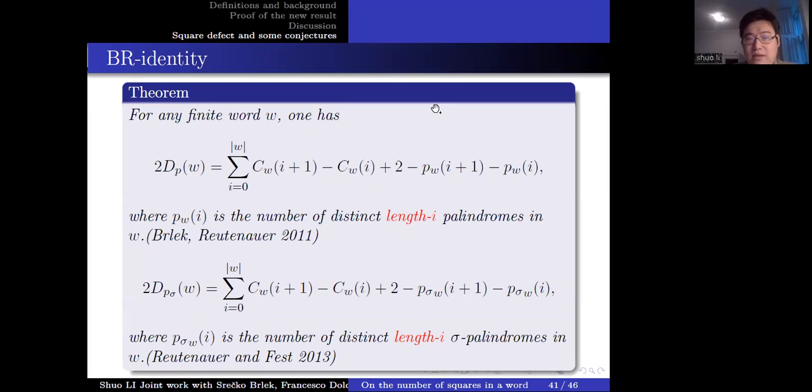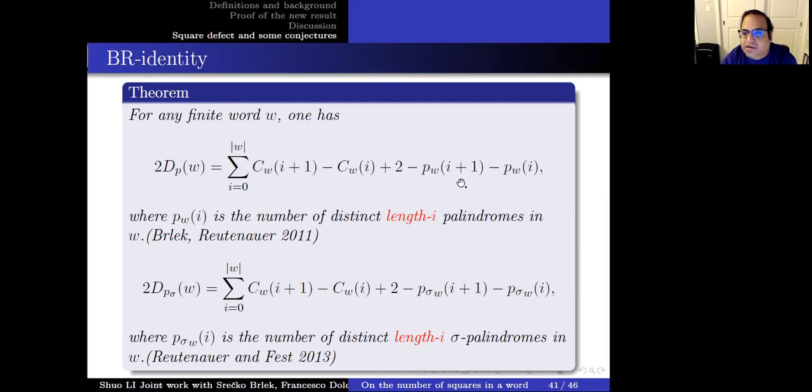So briefly speaking, the Rauzy graph has been used to solve some problems like this, but not to study squares.